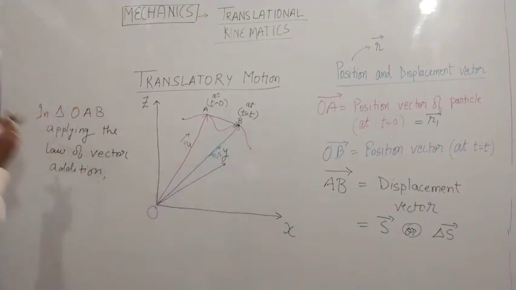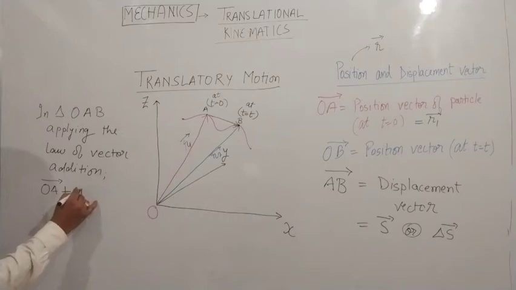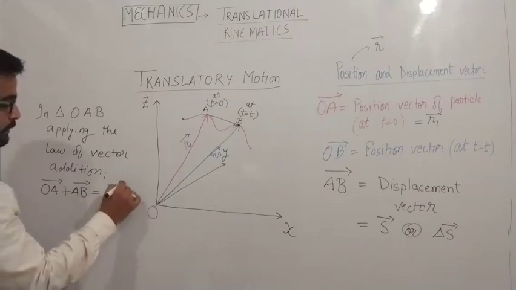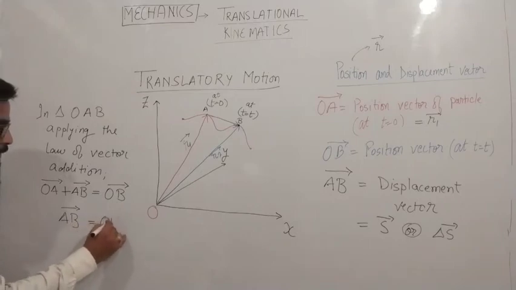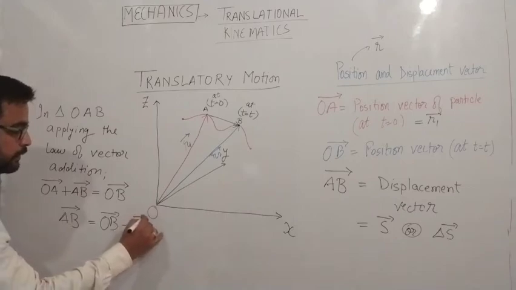That is nothing but the law of vector addition. So from here we can say vector AB is equal to vector OB minus vector OA.